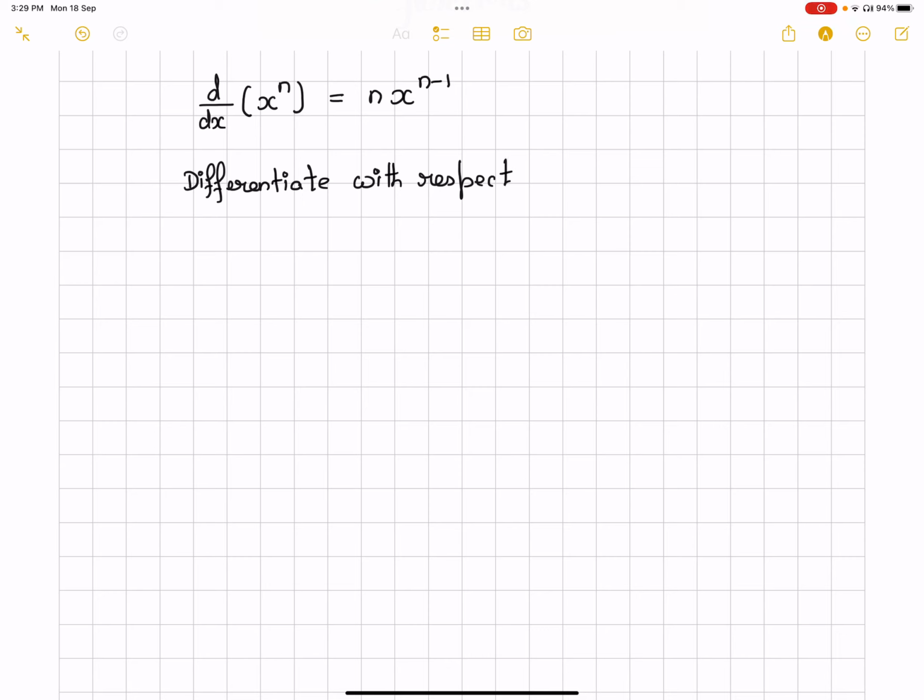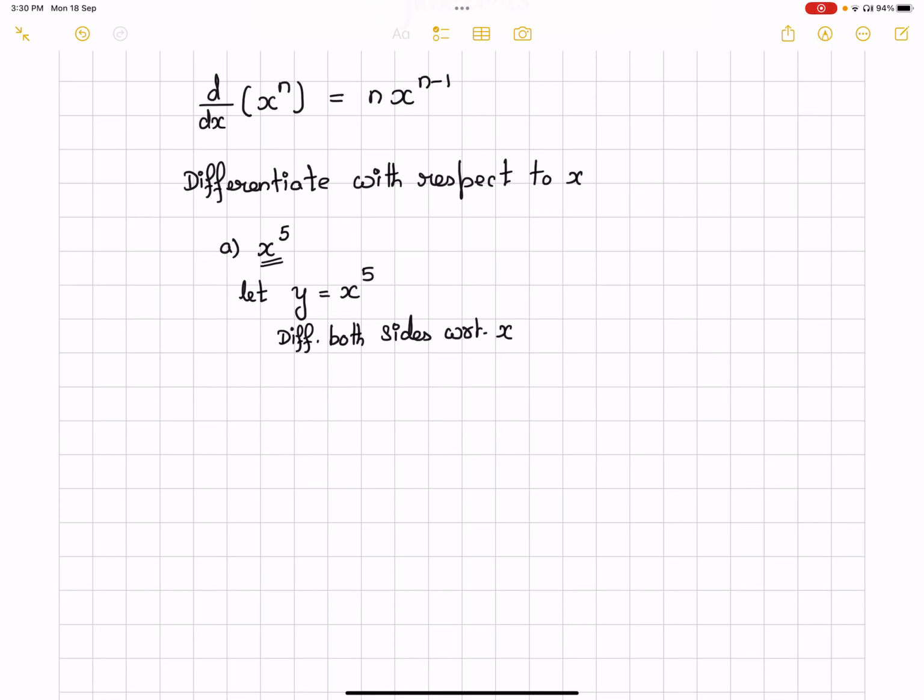So let's have a look at our first problem. We have x raised to the power 5. To do this problem, consider whatever has been given as y, because this is a function. So y is equal to x raised to the power 5. Then we differentiate both sides with respect to x.